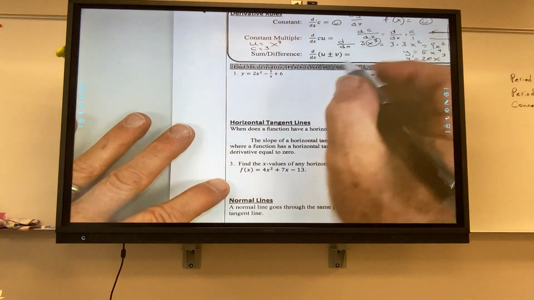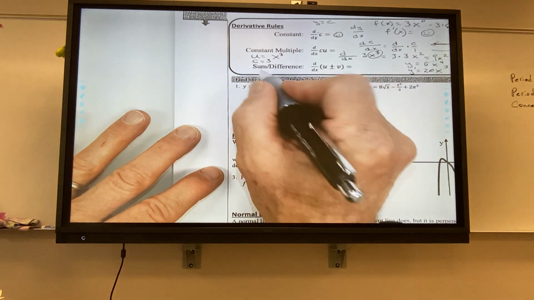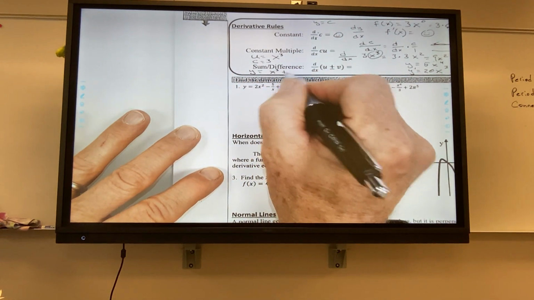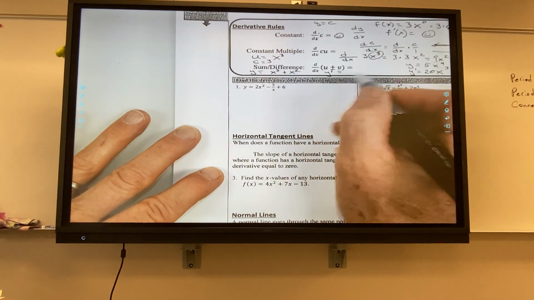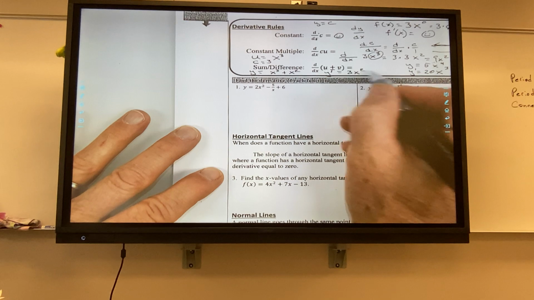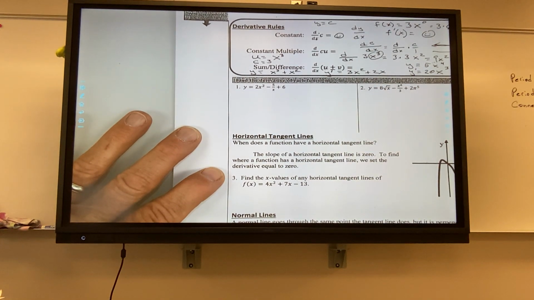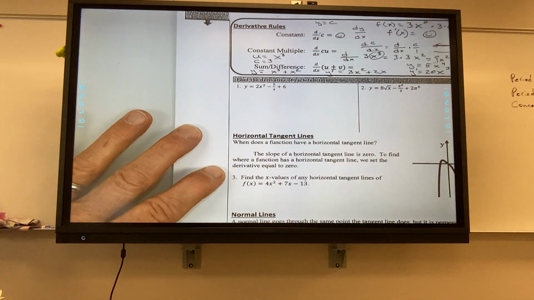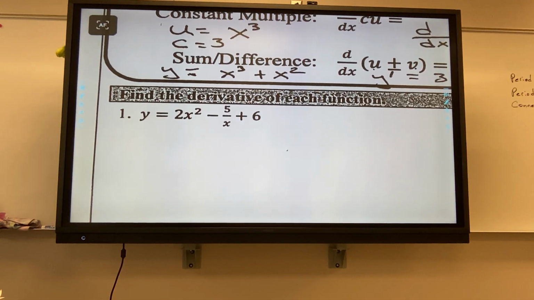All right. The sum and difference rule means that if I have 2 functions here, let's say y equals x cubed plus x squared, well, that means its derivative would be 3x squared plus 2x. What does it say, y equals u plus or minus v, what does that say?